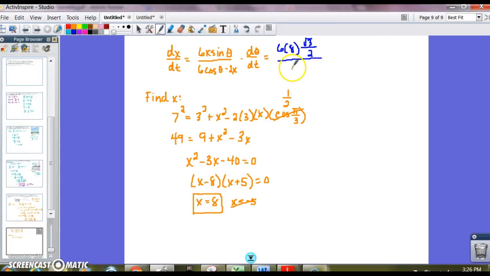And then cosine of pi over 3 would be 1/2, so 6 times 1/2 minus 2 times x, or 2 times 8, which is 16, times d theta dt, which is 400 pi.